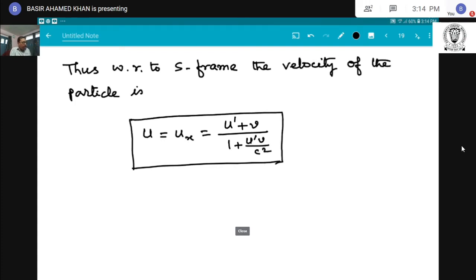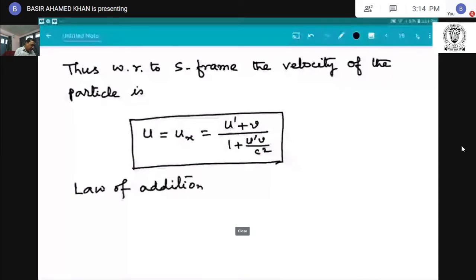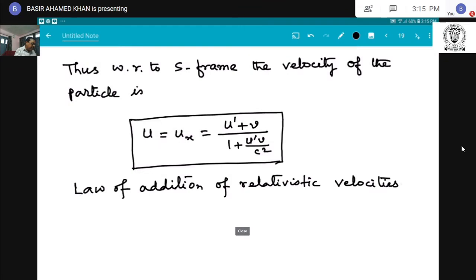This is known as the law of addition of relativistic velocities, or the velocity addition theorem.